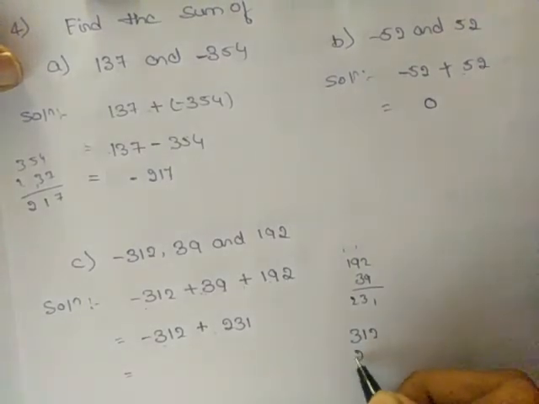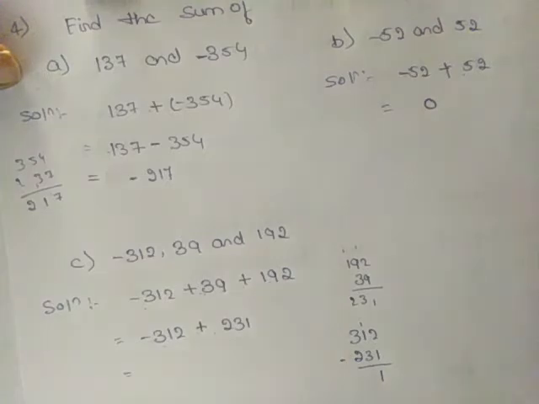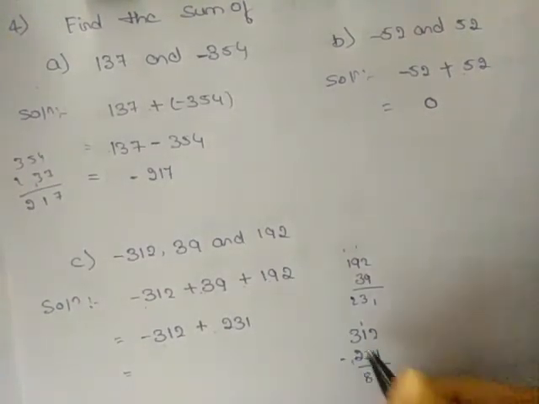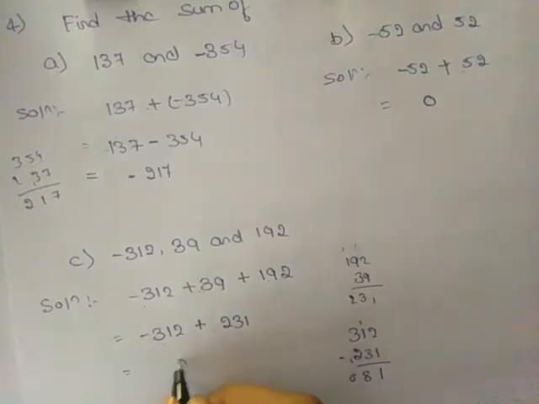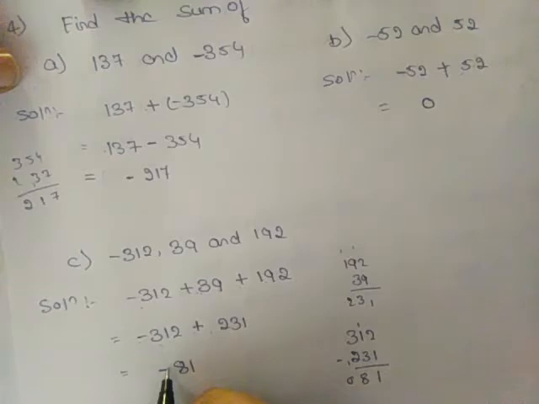In this we'll minus 231, so we are getting 81 as the answer, bigger number sign, minus.